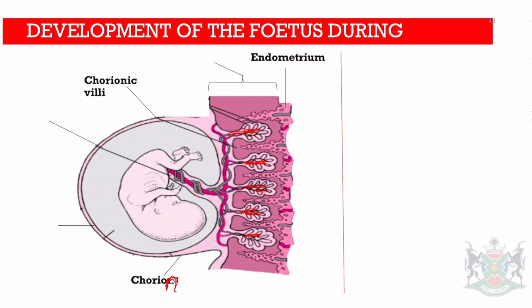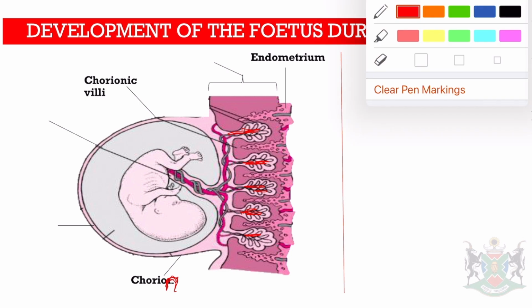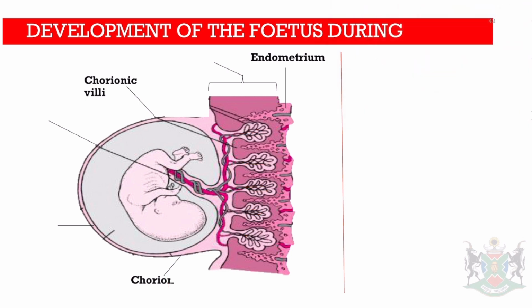And so, like we said, the region where the chorionic villi has embedded itself to the endometrium will form the placenta. And then the chorionic villi are embedded in the mother's endometrium.